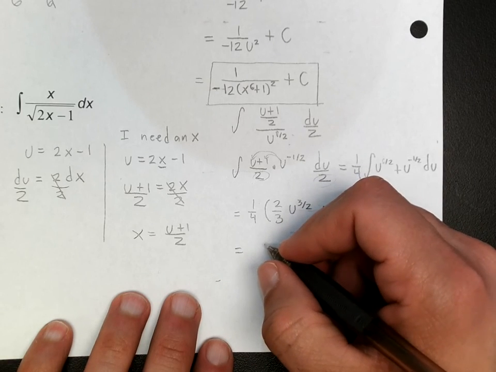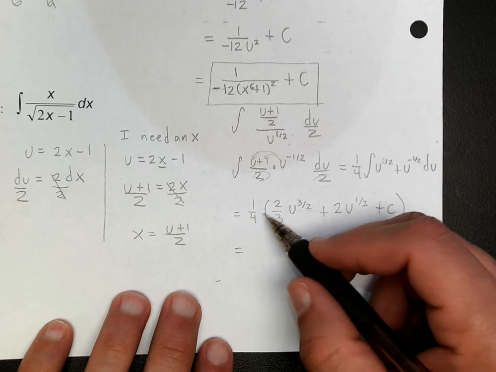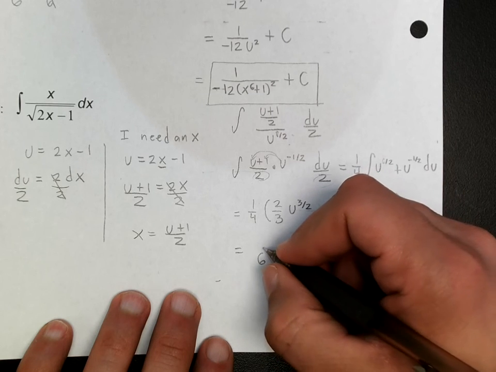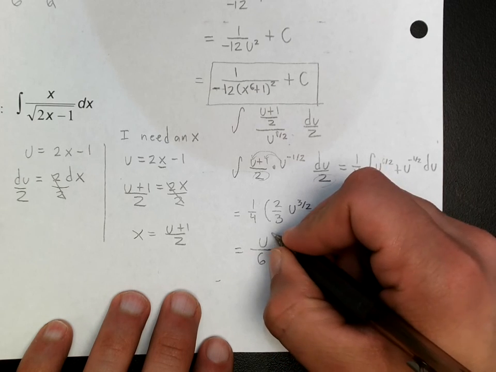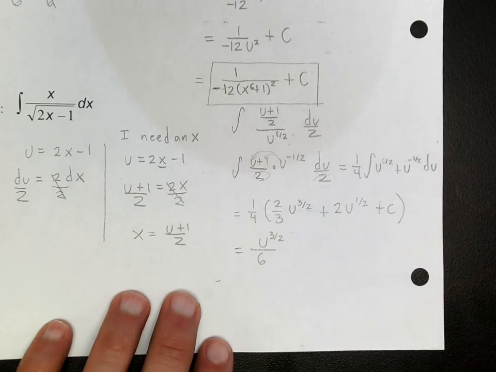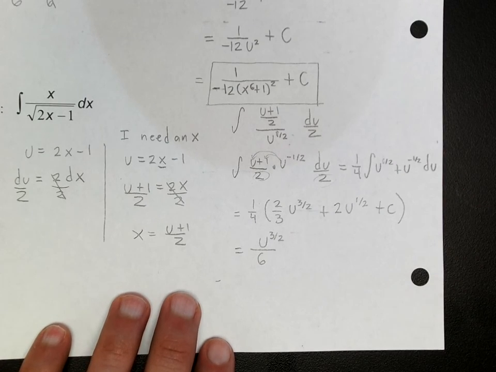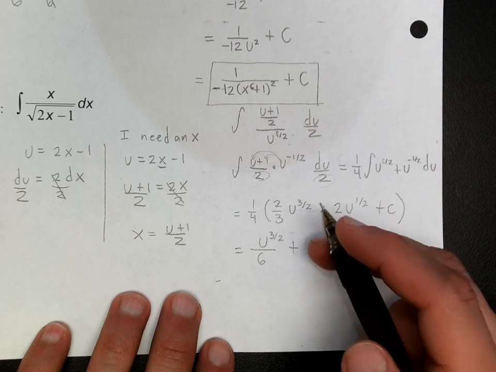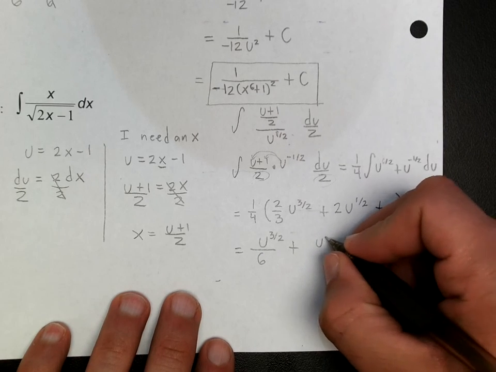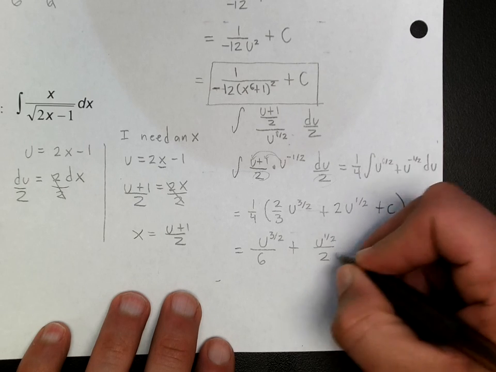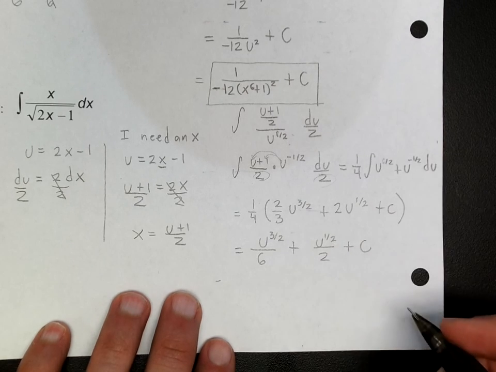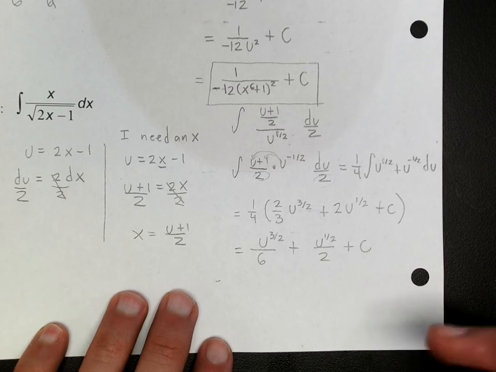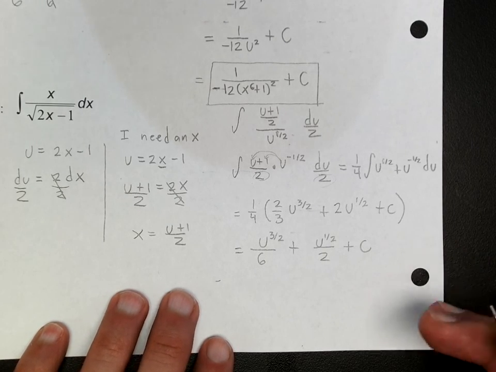And when I do, that would give me 1 over 6 u to the 3/2, or u to the 3/2 over 6, same thing, plus that 4 and that 2 would give me a 1/2, or u to the 1/2 over 2, plus c. Again, you can write 1/4 times c, which is a constant, but 1/4 times a constant is still just a constant.